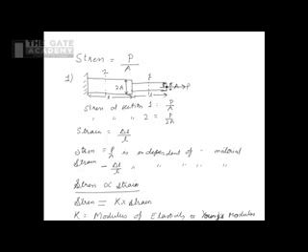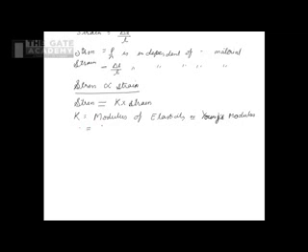It is normally denoted by E. So the stress is equal to E multiplied by strain. Now it is a common practice to denote stress by sigma and strain by epsilon.